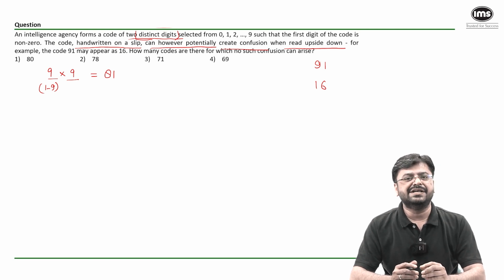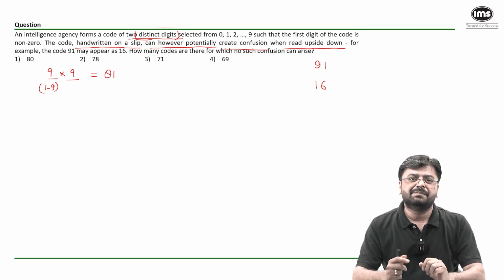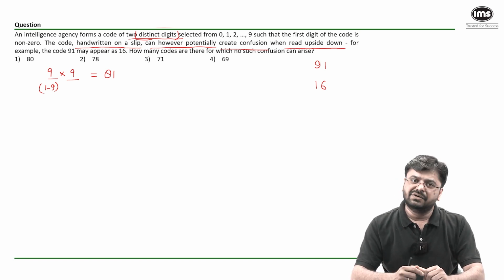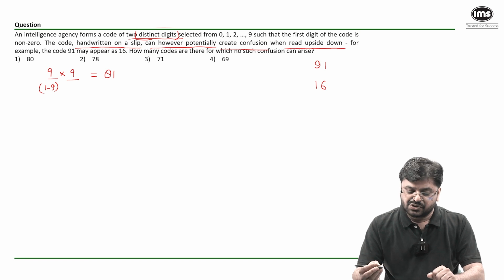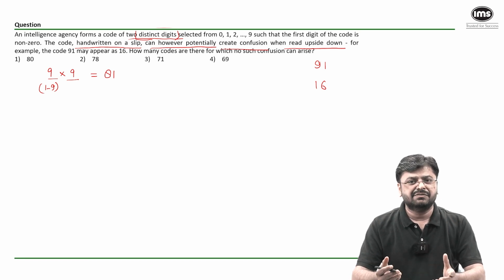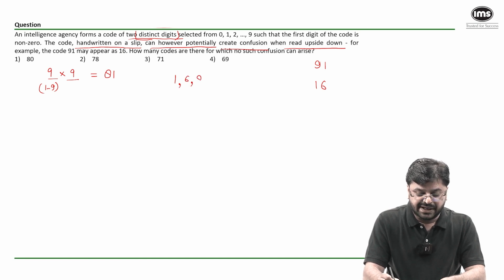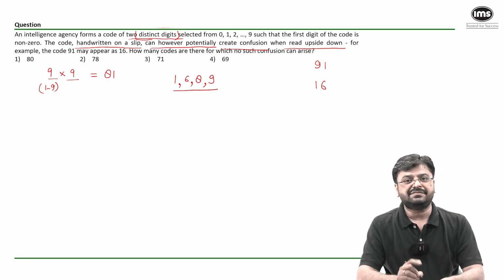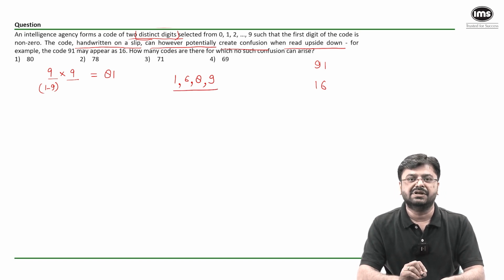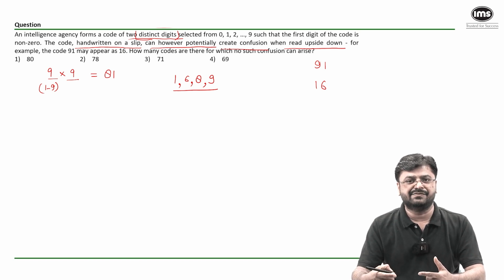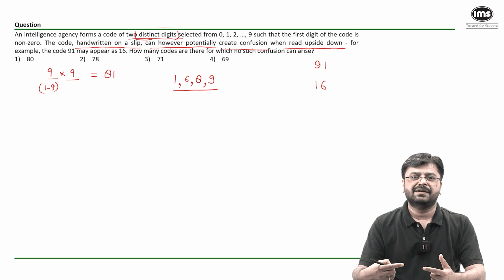The confusion will arise when you read the upside down digit and it will look exactly same or like some other digit. So what are the digits which can create confusion here? Digit 1, digit 6, digit 8 and digit 9 here can create confusion. These are the 4 digits which can create confusion, because when you read these digits upside down, 9 will be read as 6, 6 will be read as 9, sorry.